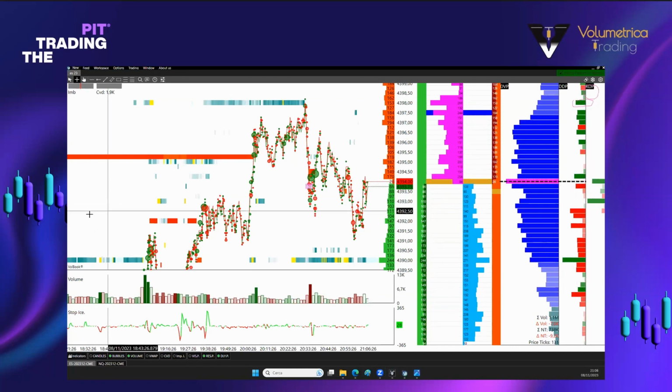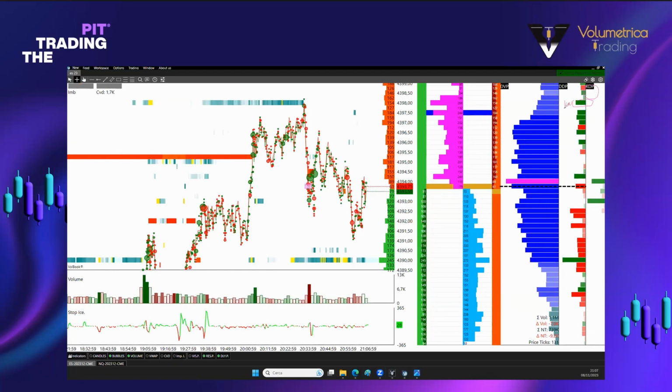For instance, to make an example, if at this level I had 100 aggressive buyers hitting the ask and horizontally 500 hitting the bid, that will show a representation of plus 500, and the length of the histogram will indicate how strong that delta is, as well as the shading of the color.